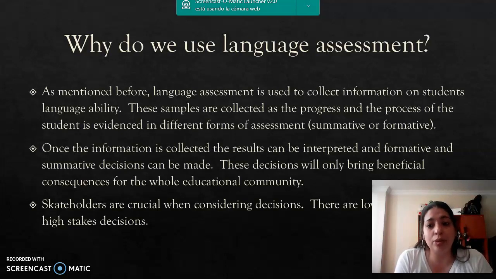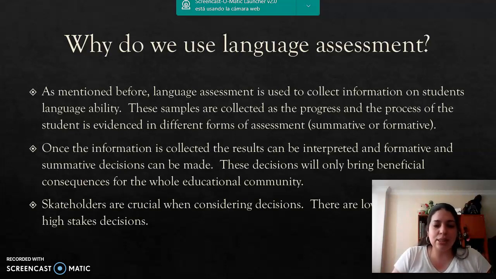These decisions will only bring beneficial consequences for the whole educational community, meaning students, teachers, authorities, okay, in order to know what decisions to take. Stakeholders are crucial when considering these decisions.